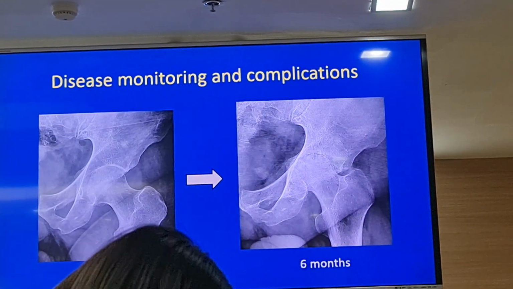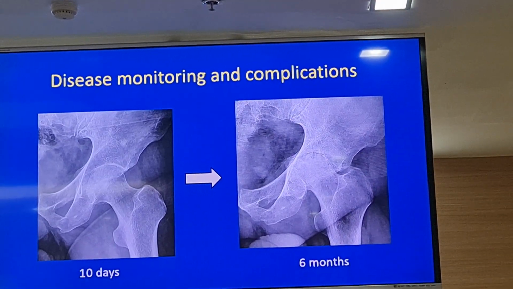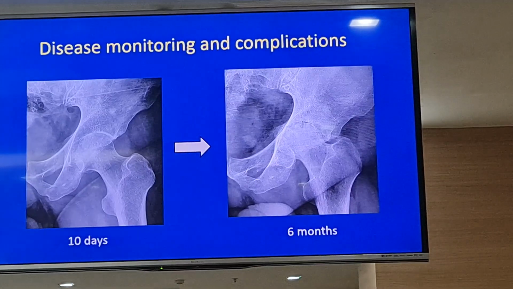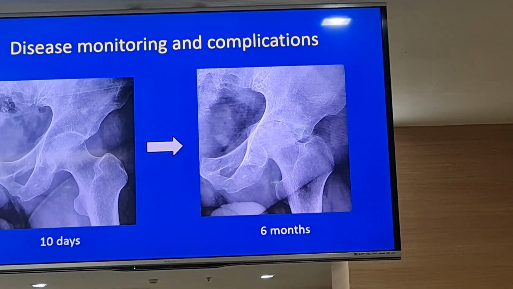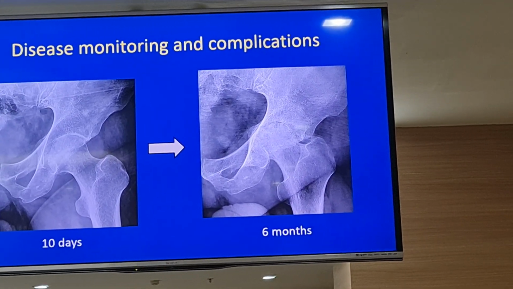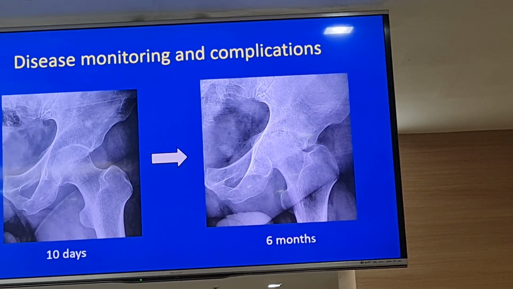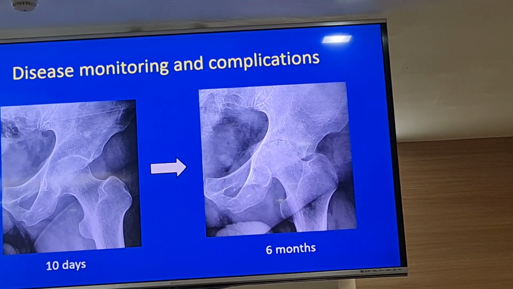In 6 months, even though the patient feels better with no signs of infection at all, the joint space narrowing keeps going. That's because he has complicated osteoarthritis.